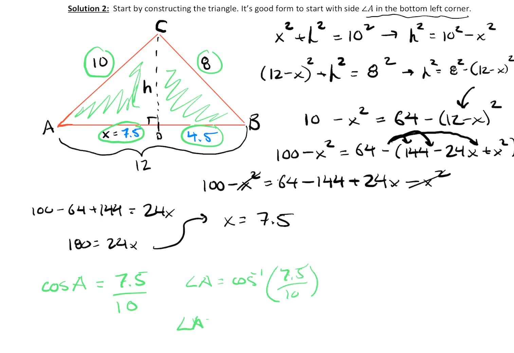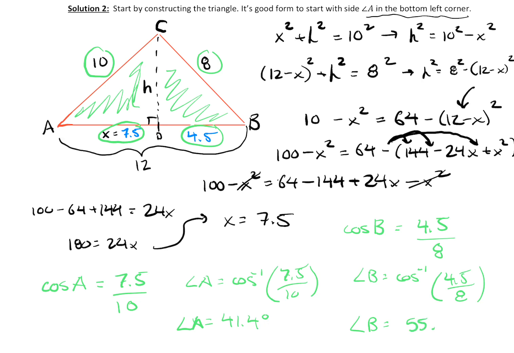So angle A is 41.4 degrees. I'll do the same for angle B, except just change my numbers. Cos B is equal to 4.5 over 8. So angle B is equal to the inverse cosine of that. So angle B is equal to 55.8.